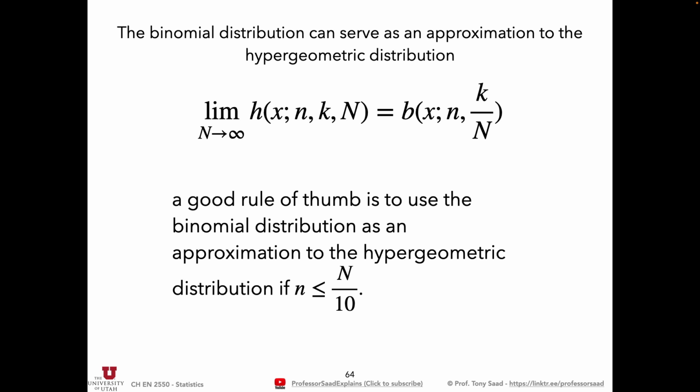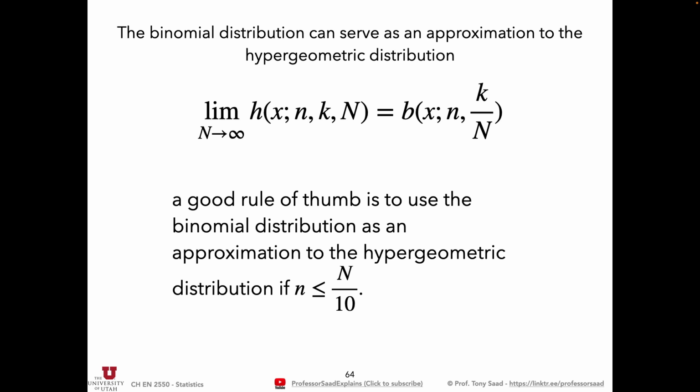Agreed? Okay. So if you get that, then you ask, when can we use the binomial? Because they look the same. Although the trials are dependent, is there a limit where we can switch to the binomial? Why would we switch to the binomial? It's a little cheaper to compute for large values of n. Well, it turns out that for large values of n, the hypergeometric distribution becomes equal to the binomial distribution.